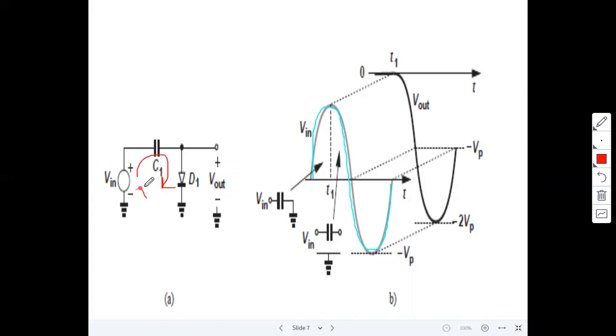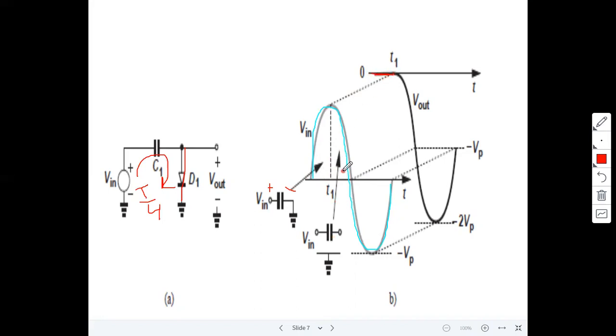This closed path exists only from 0 to T by 4. Why? Because diode D1 is on, so it is a short circuit. Now the capacitor's other terminal is connected to ground. Observe the capacitor here. This is the plus terminal, this is the negative terminal, and the other terminal is connected to ground. So during this time, output is equal to 0.